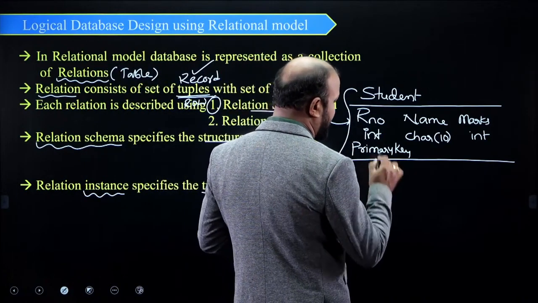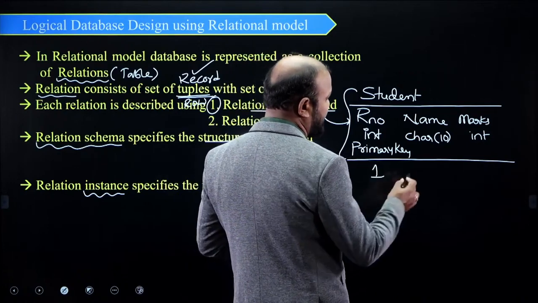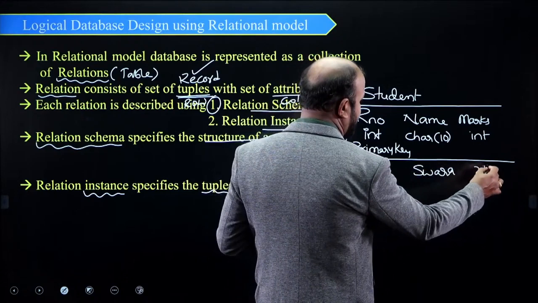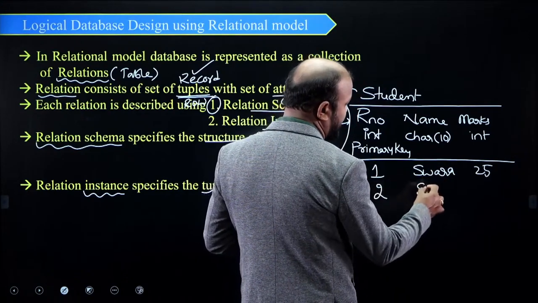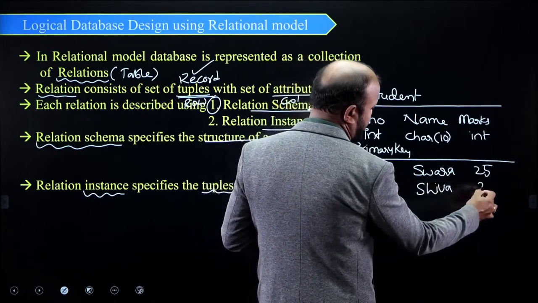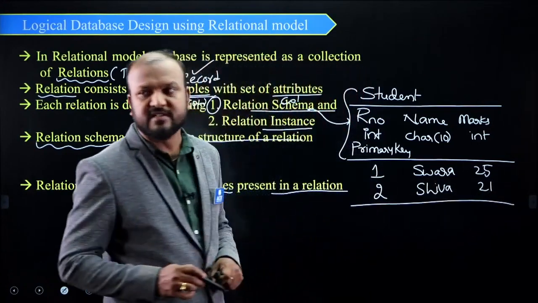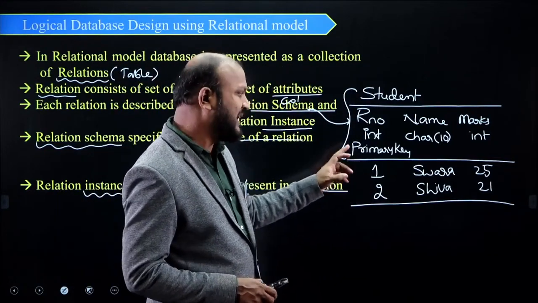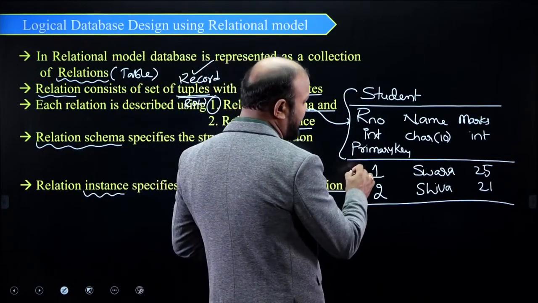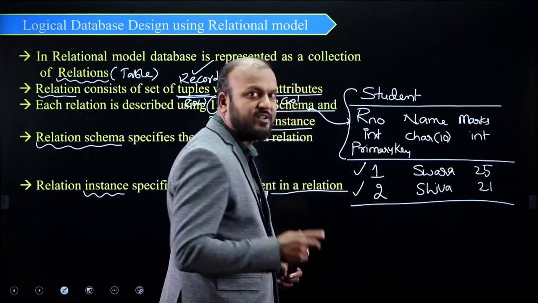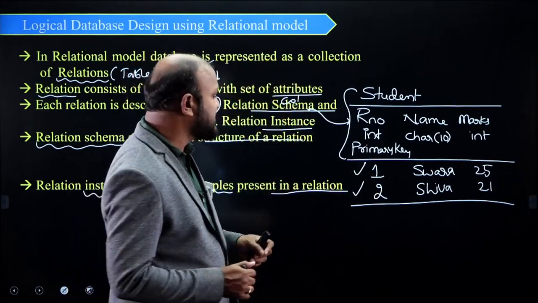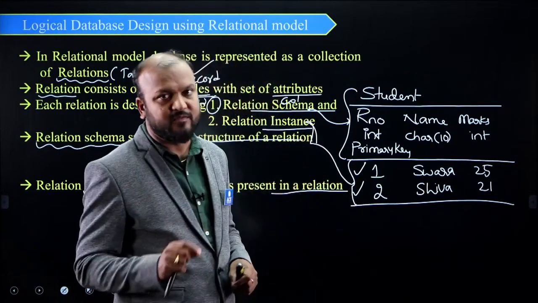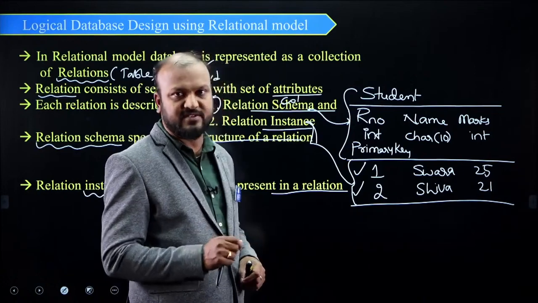Suppose initially I have some tuples: 1, Swara, marks 25, and 2, Shiva, marks 21. These are called records in a table, or we also call them tuples in a relation. At this moment of time, how many tuples are present? Two tuples are present. This is called an instance of a relation. Instance means the tuples present in a relation at a particular moment of time.